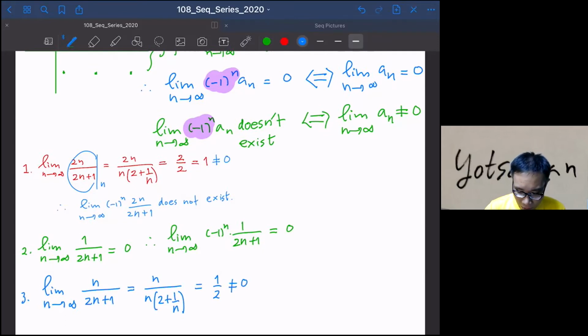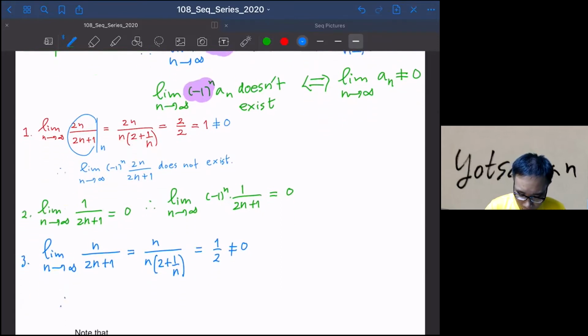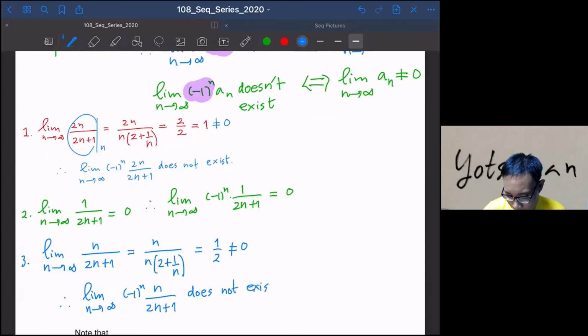So we conclude the same thing, that the limit as n goes to infinity of (-1)^n times n over 2n plus 1 also does not exist.